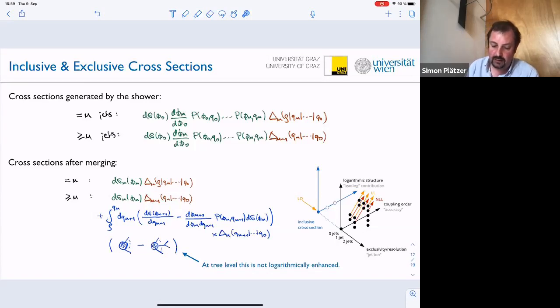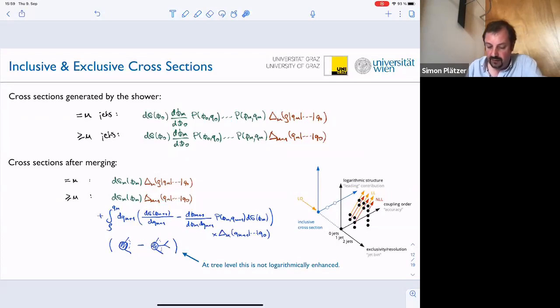And here this notation just implies that we have a product of a Sudakov form factor going from Q0 to Q1, going from Q1 to Q2, and so on. Now, here, as I said, I've explicitly multiplied in the probability that there was no further radiation between Qn and rho.